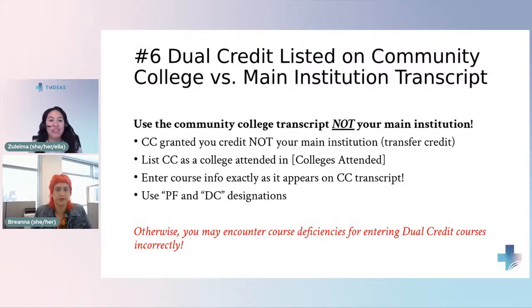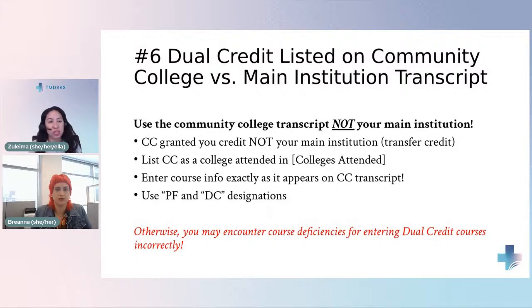And then a typical question that we get is for dual credit. So this is when credits are listed on the community college but they're also listed on the main institution. And dual credits are a little bit different than AP credits, which was what we just talked about. So dual credits, you took those in high school, and a community college granted you that credit.